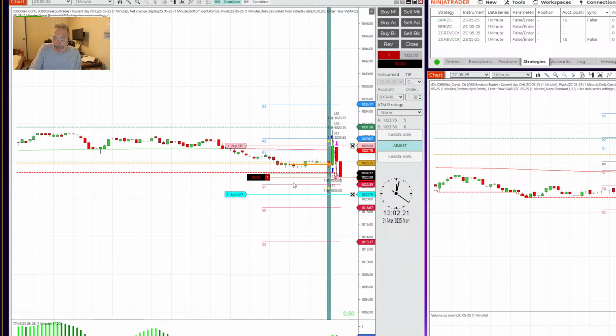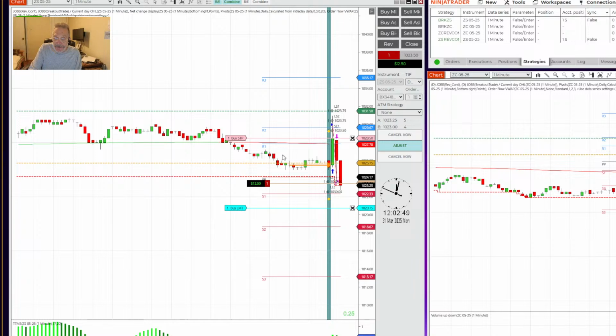Trying to see if we get a little bit of follow through on the downside. Soybeans trying a little bit to follow through, not really doing what I want. I'd love to be able to move my stop to safety, but there's not enough.